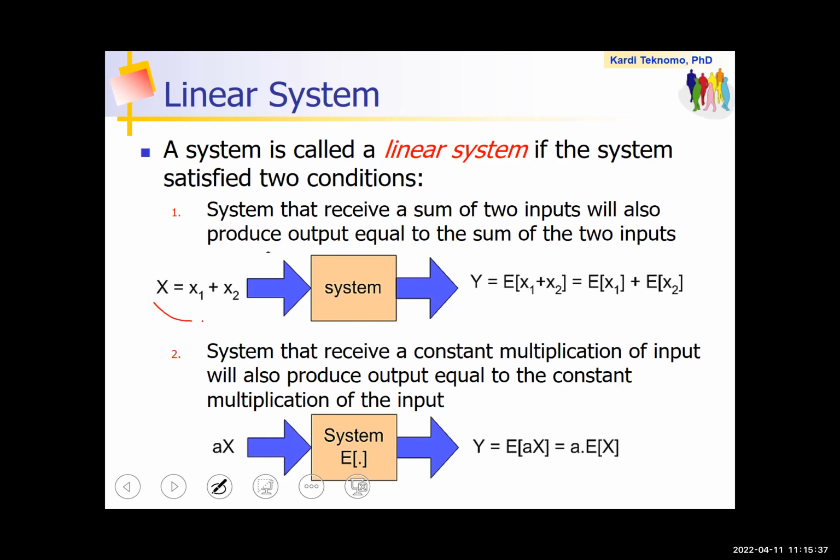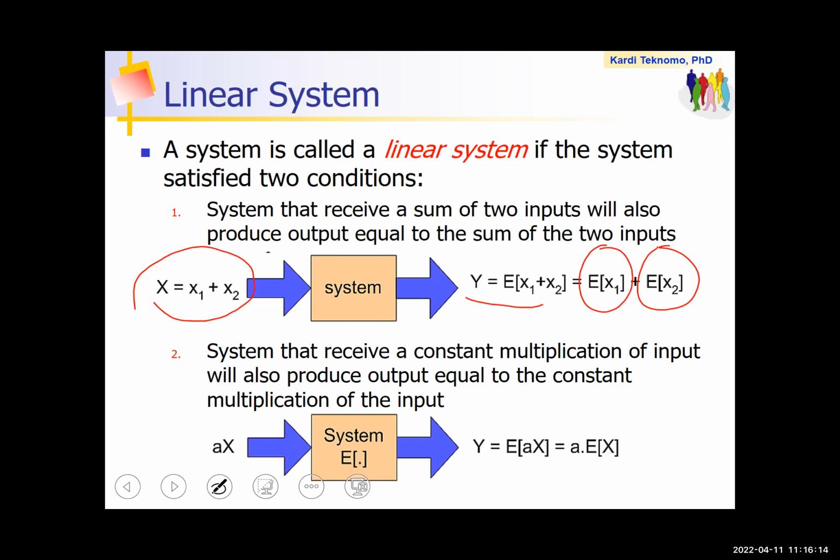For example, if the capital X is equal to x1 plus x2, you put it into the system, it will produce the y which is equal to the sum of its outputs. Number two, if the system receives a constant multiplication of the input, it will also produce output equal to the constant multiplication of the output.